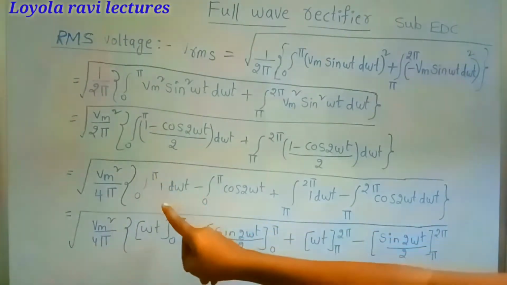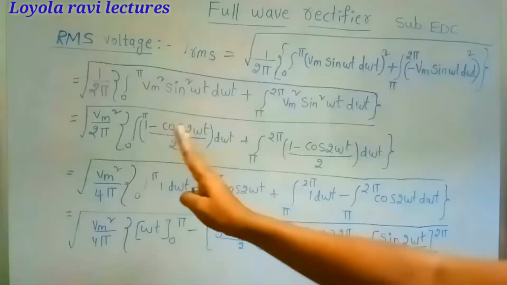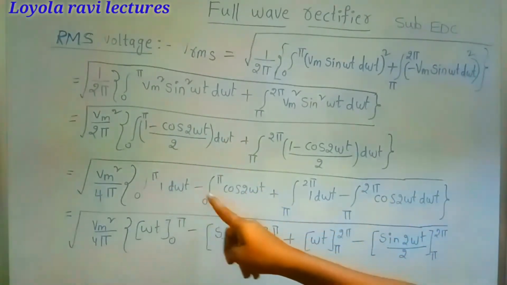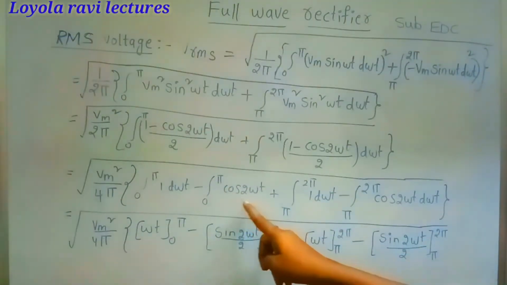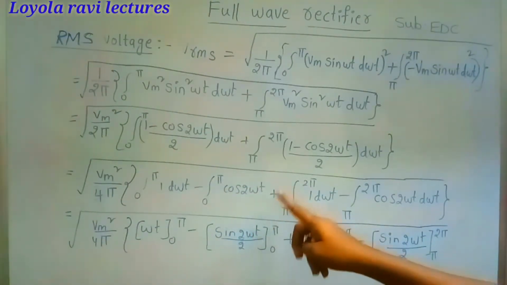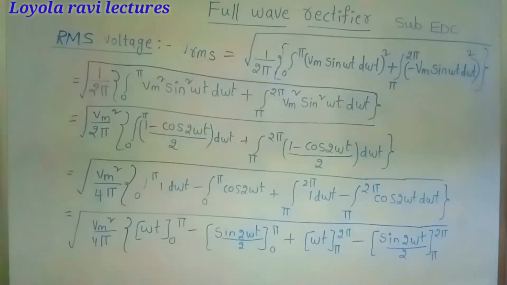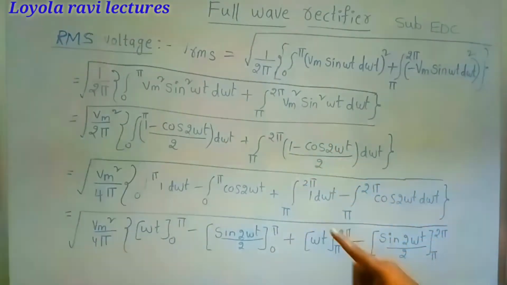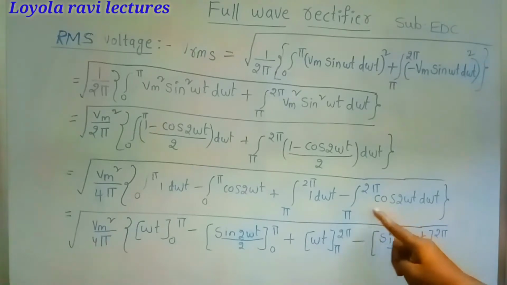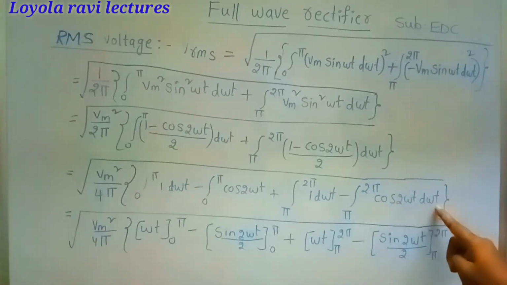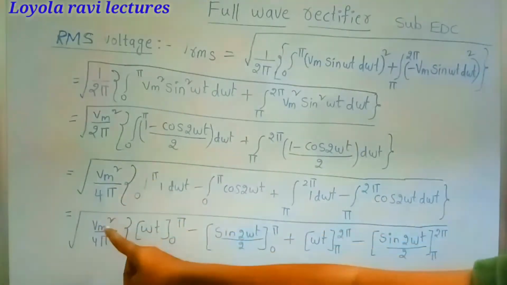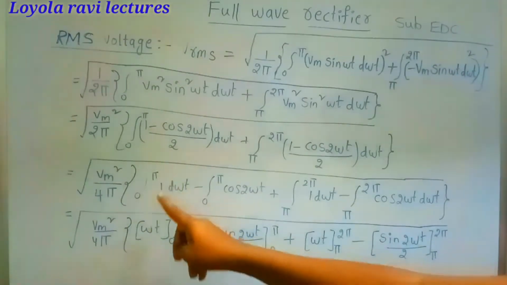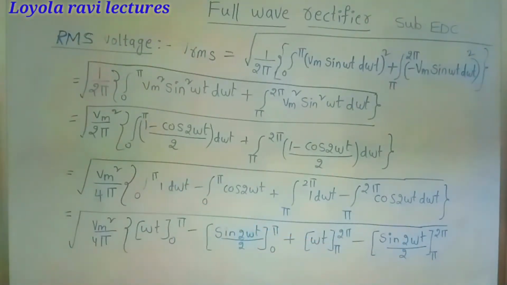Dividing this integration: integral 0 to pi 1 d omega t minus integral 0 to pi cos 2 omega t d omega t, plus similarly the second term, pi to 2 pi 1 d omega t minus pi to 2 pi cos 2 omega t d omega t. Similarly Vm square by 4 pi. Here I am doing the integration for 1.